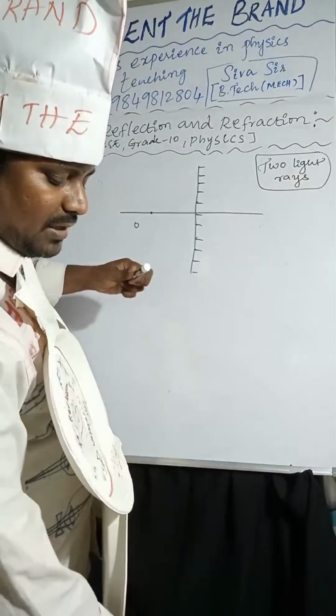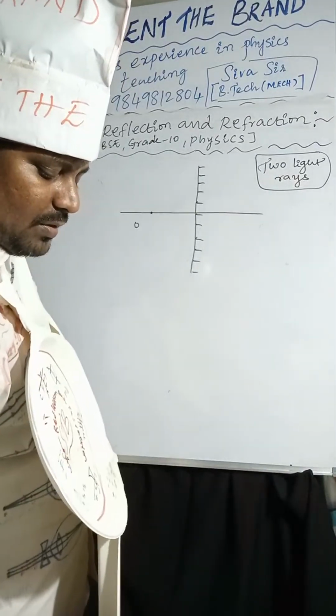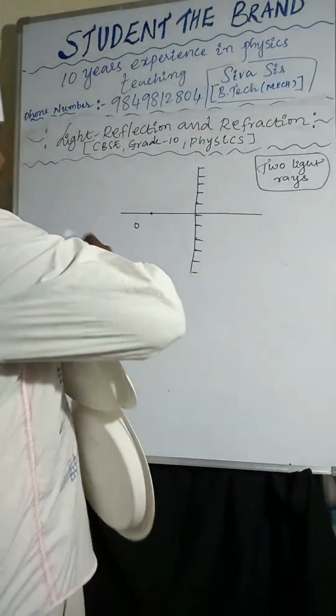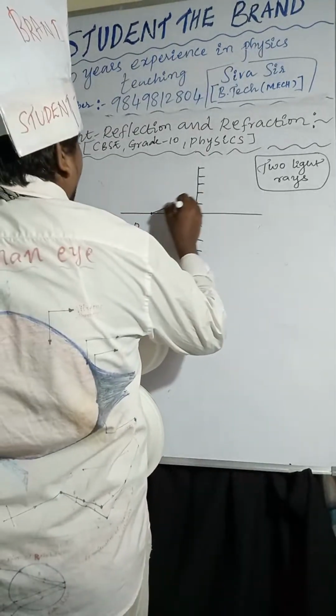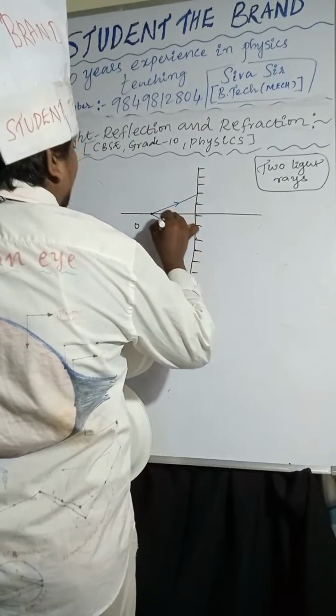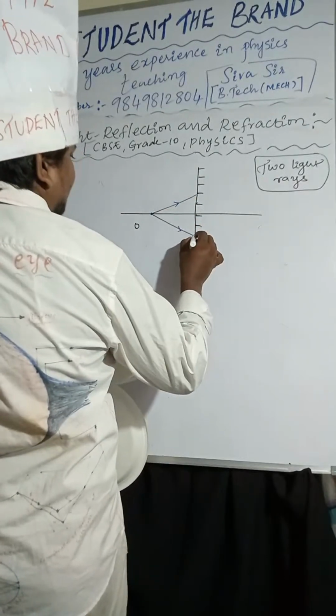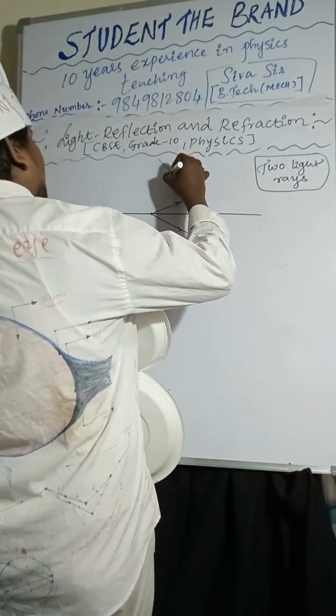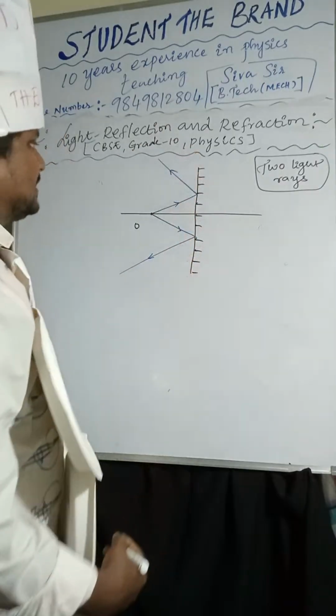Okay, you can observe here, I'm taking 2 light rays. This is 1 light ray, and one more light ray. Those are reflected back like this, and here also reflected back.